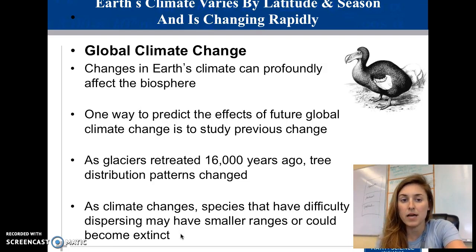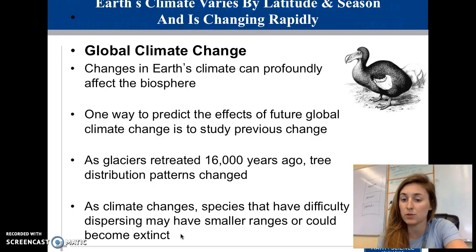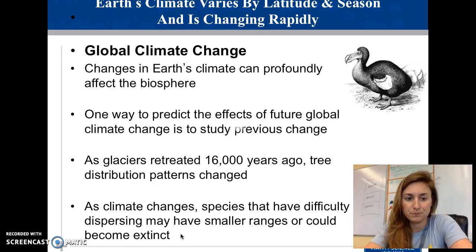What we do know is that the climate is slowly changing, and this can be a really bad thing, right? There's stuff melting, there's things dying, it's changing the climate, and if we know that the climate impacts biodiversity and the type of species that can exist, we can predict that the more it changes in a negative way, the less biodiversity we're going to have.